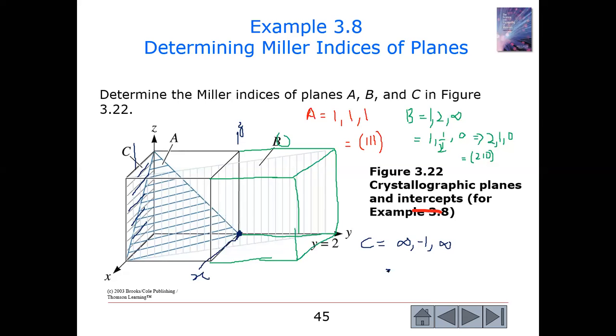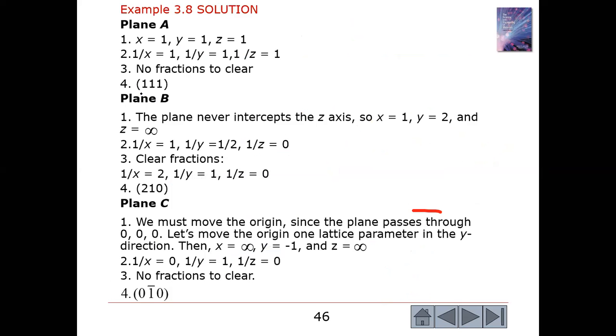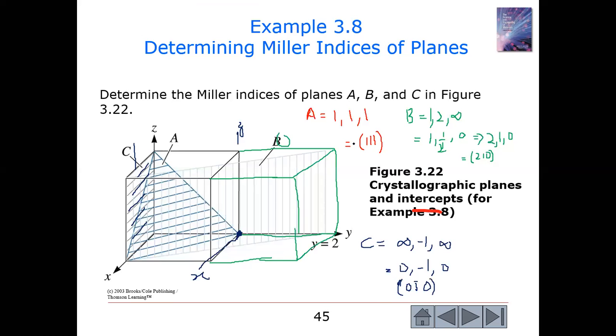Second step is to take reciprocals. So this will be 0, this will be -1, and this will be 0. The third step is to clear fractions, so there are no fractions, and then enclose it in parentheses, putting the minus sign as a bar over the number. So (0 1bar 0). So this is your plane. So we have (111), (210), (0 1bar 0).